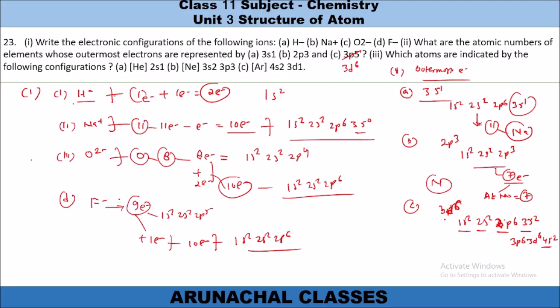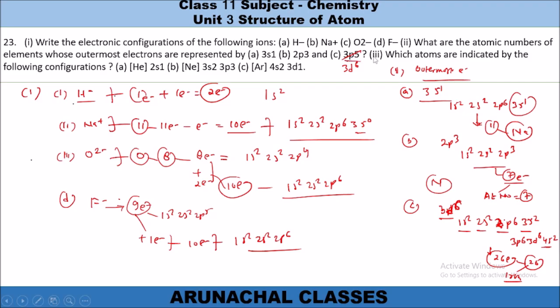So it is 2 plus 2 is 4, 4 plus 6 is 10, 12, 18, 20, 26. So it has 26 electrons, which means atomic number 26, and that is iron.